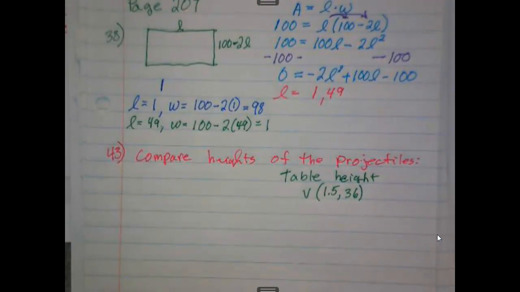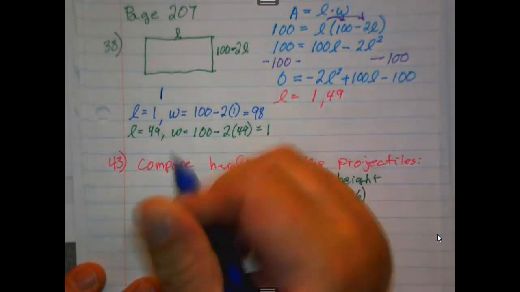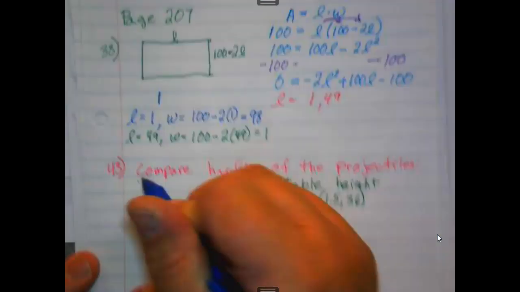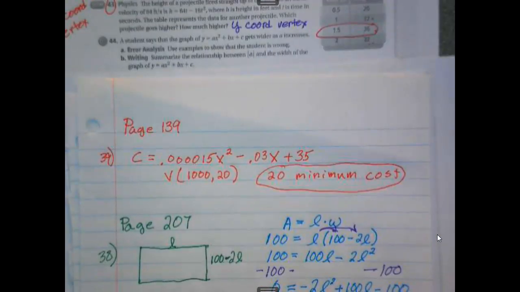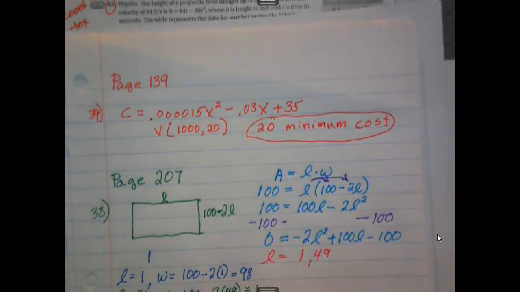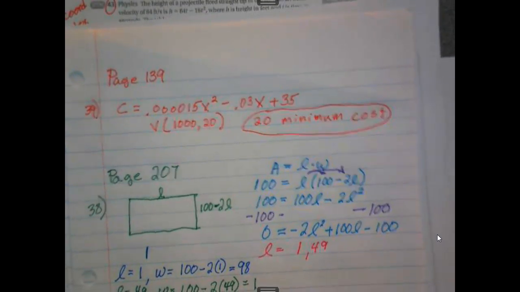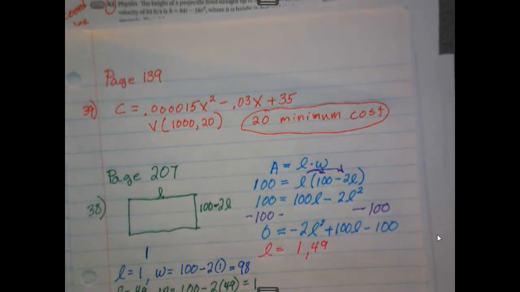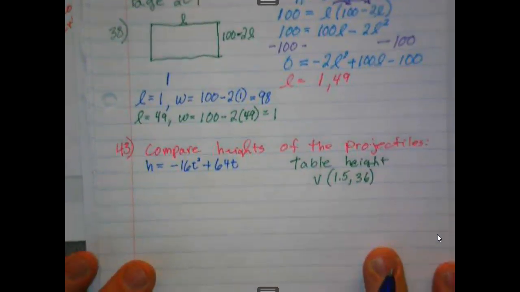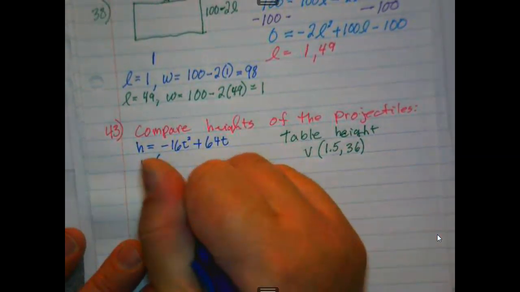Okay. Now we have to find the vertex of h equals negative 16t squared plus 64t. So we need to find the vertex.